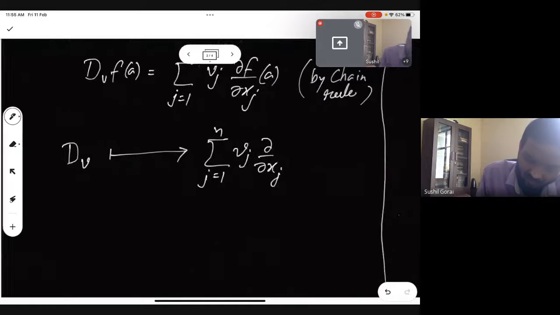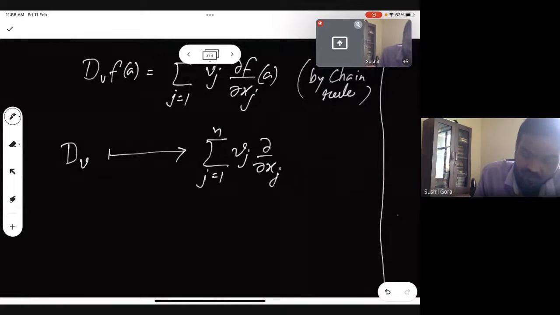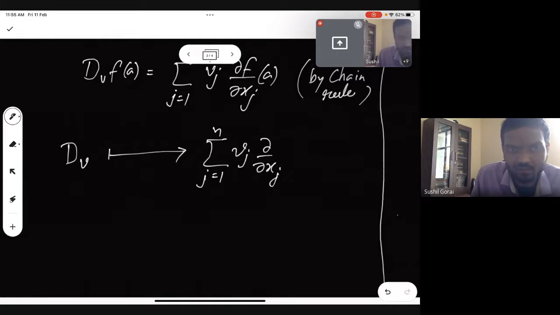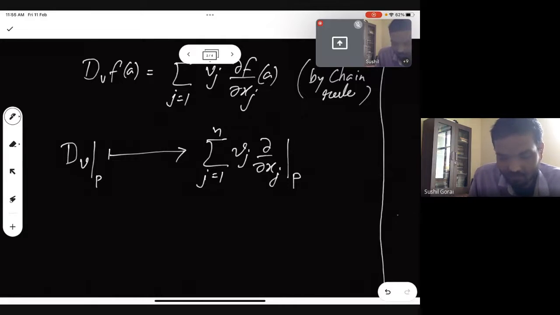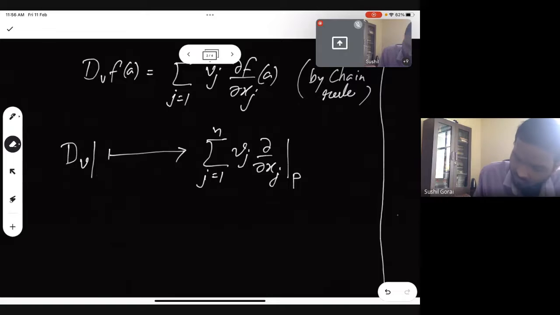So D_V is an operator, right? This is at P, P is a point in Rn, or sorry, A in our case here.